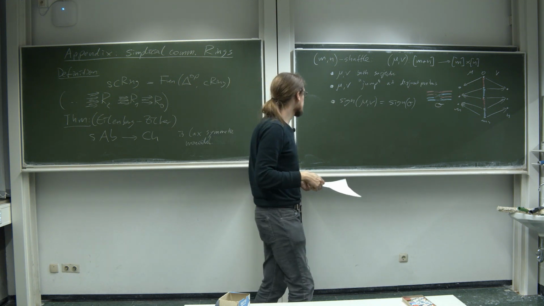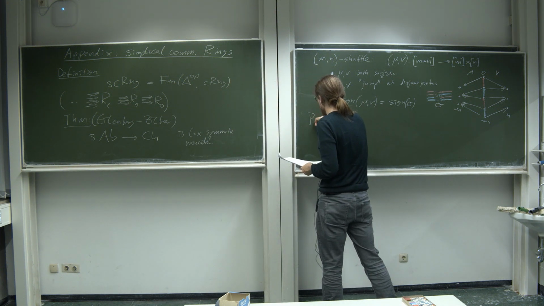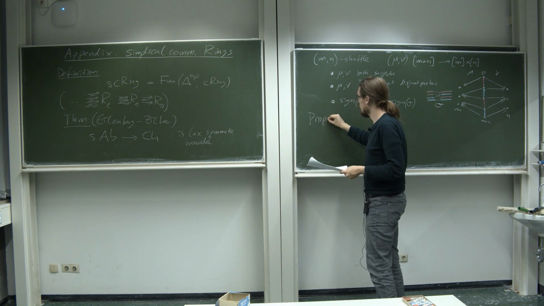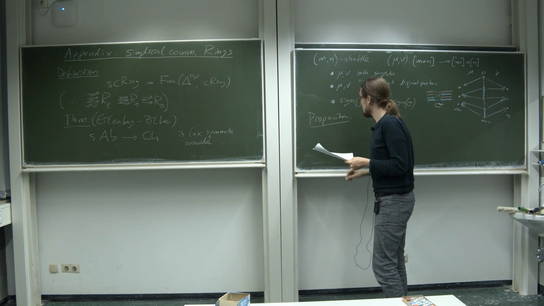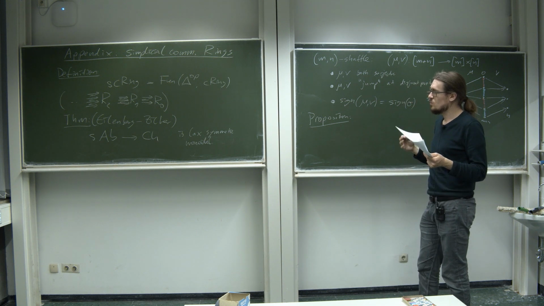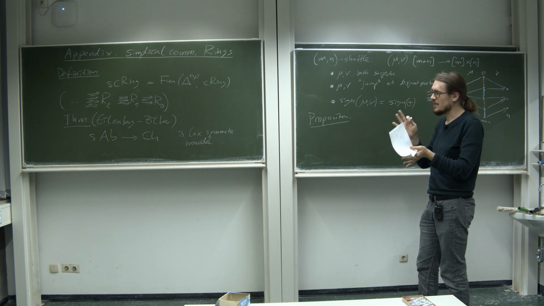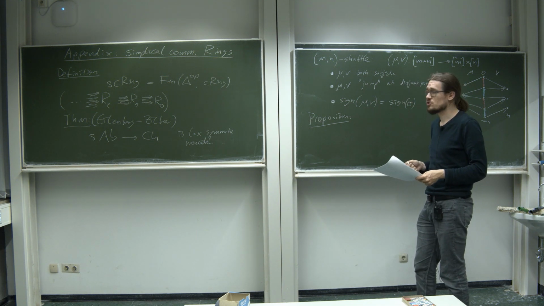And now, what is this good for? Well, here's how we can describe the product structure we get on the chain complex associated to a simplicial commutative ring.